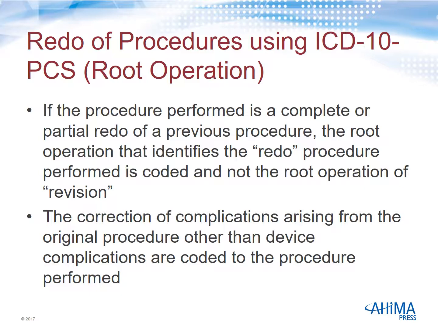If the procedure performed is a complete or partial redo of a previous procedure, the root operation that identifies the redo procedure performed is coded and not the root operation of the revision. The correction of complications arising from the original procedure, other than device complications, are coded to the procedure performed.